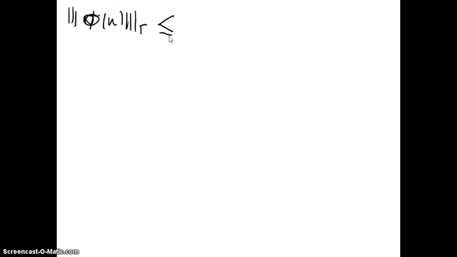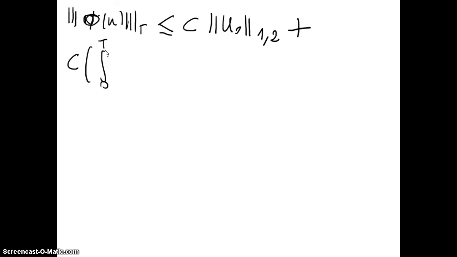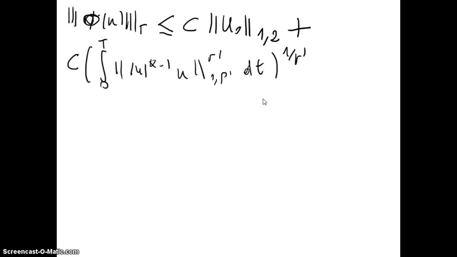This will be less than or equal to c times the norm of u naught in H1, plus, and now we will bound the integral, c times the integral from 0 to t of the norm of u to the alpha minus 1 times u in L^{r prime} W^{1,rho prime} dt to the 1 over r prime.